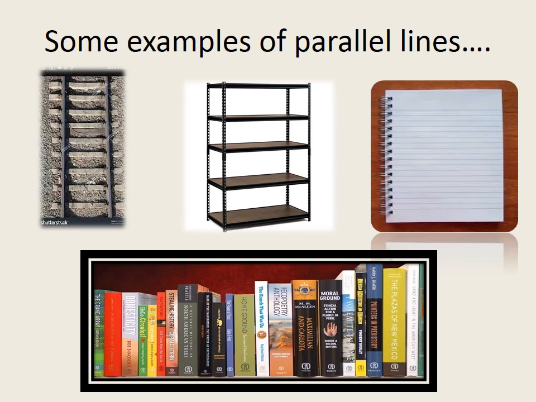Some examples of parallel lines are: first, railway tracks. Railway tracks are an example of parallel lines. Second, the upper shelf is parallel to the next shelf. Each layer of a shelf represents a plane, and the shelf in this example is a rectangle.